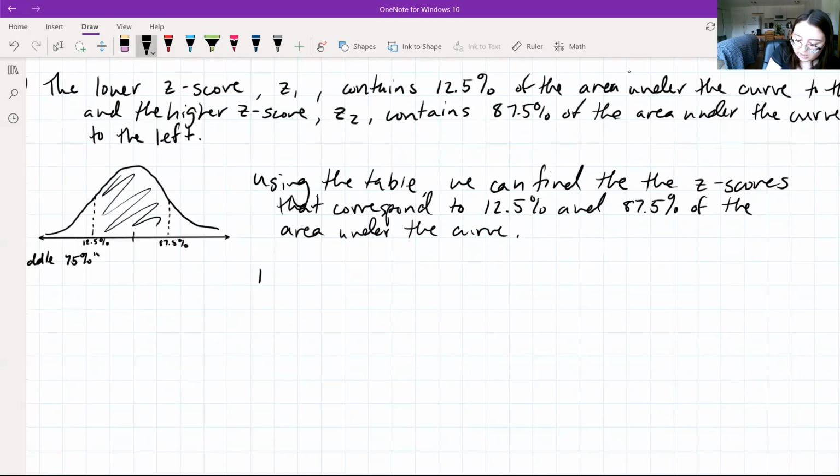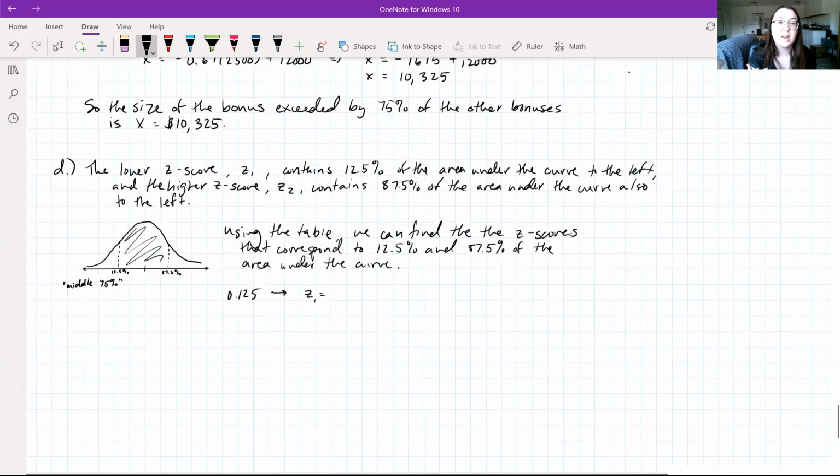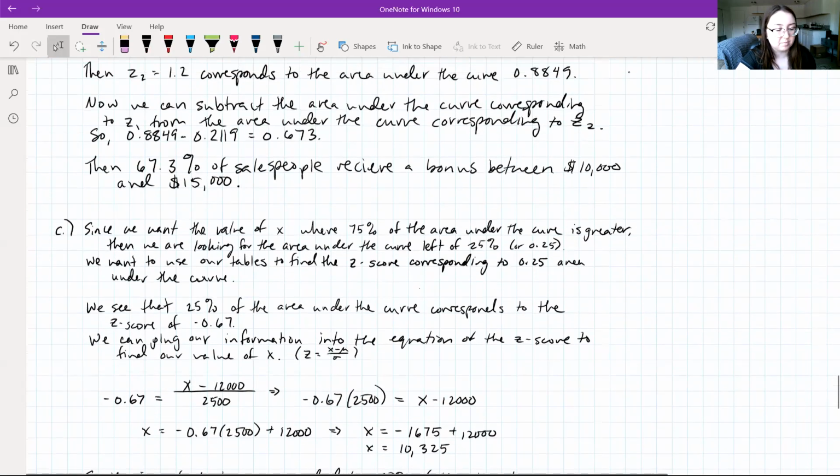Then remember that 12.5%, that's like saying 0.125, corresponds to the z-score, or z1, equal to, and now we have to go to our table.